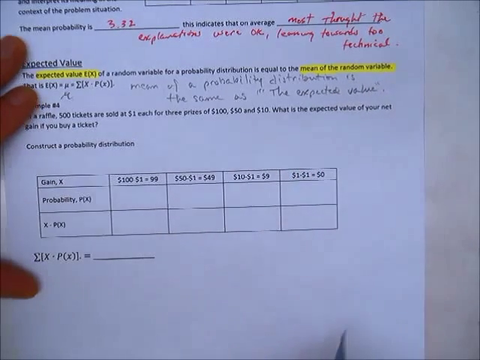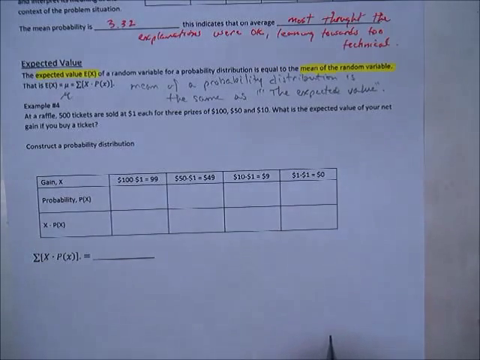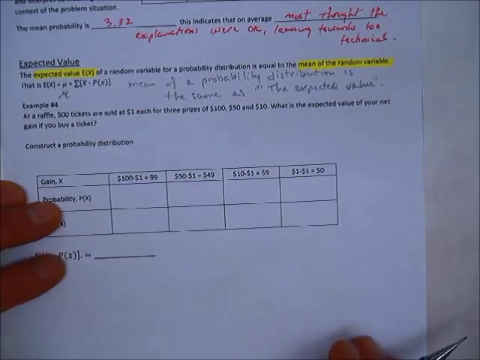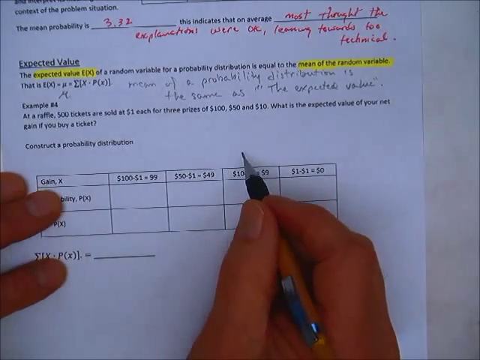This is key to doing your homework. You really need to know this. So when they're asking for the expected value, they're asking for the mean of the probability distribution.